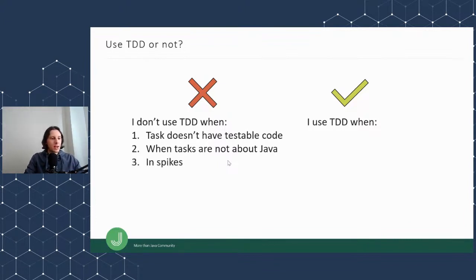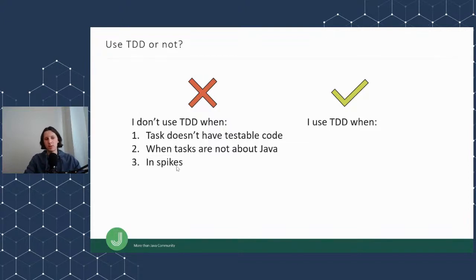Yeah. I don't use TDD in spikes. Spikes are special kinds of tasks where you don't have to write some code, but you have to investigate, is it possible to write this code? So probably my example with the Google API, it's a good example of spike. So like, well, on our project, we would like to connect to the Google API. Can we do it?